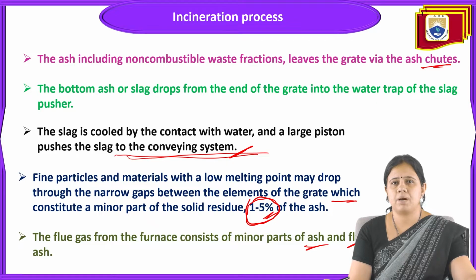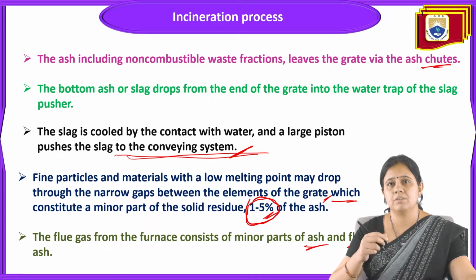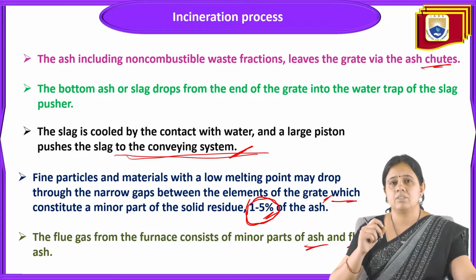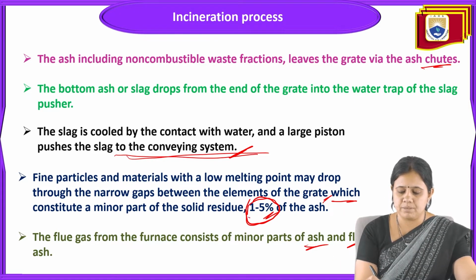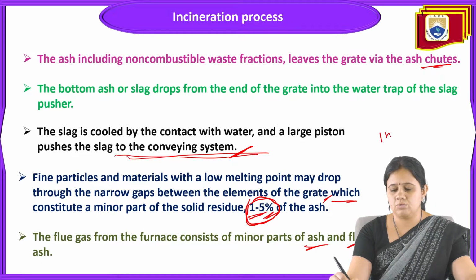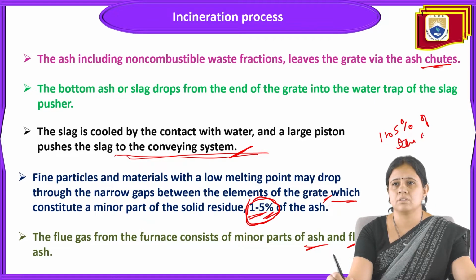Some fine particles and material with a very low melting point may drop through the narrow gaps between the elements of the grate. That constitutes a minor part of the solid residue, that is 1 to 5% of the ash.